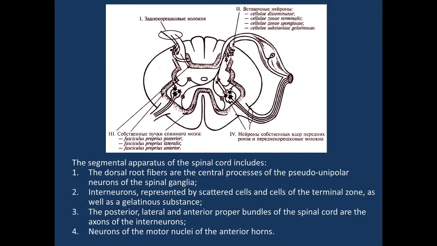In the spinal cord, there are three neurons: the first neuron in the spinal ganglia, the second neuron in gray matter, and the third neuron in the anterior horns. We also have some small pathways, not very long. They combine 7 or 8 segments together to produce muscle contraction in different muscles.